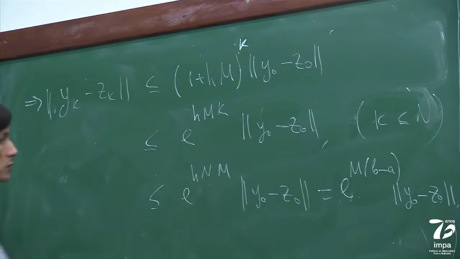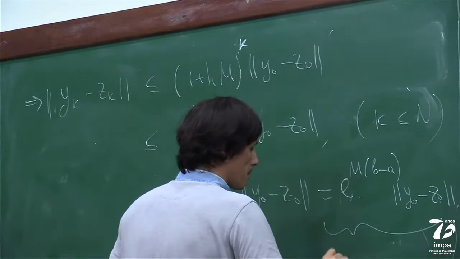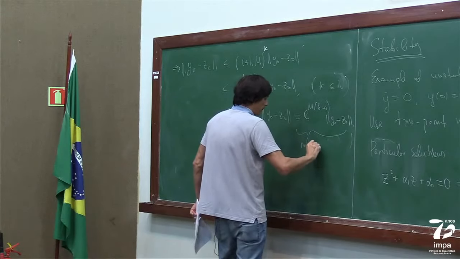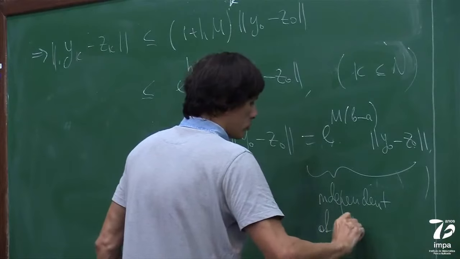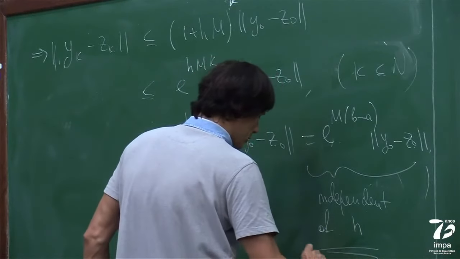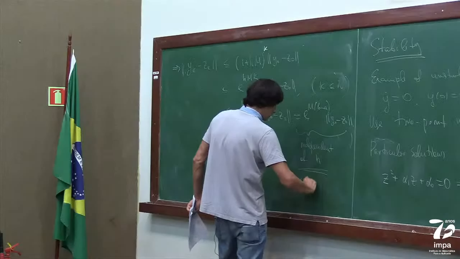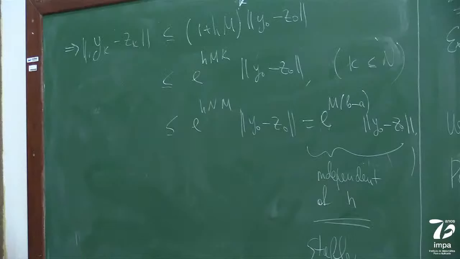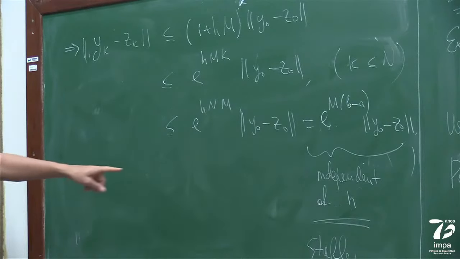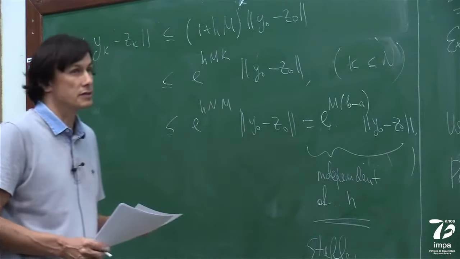So that's it. So this is independent of h. That means that the single step method is stable. So in that case, decreasing h does not lead to the increase of an error. So in this case, it's stable.